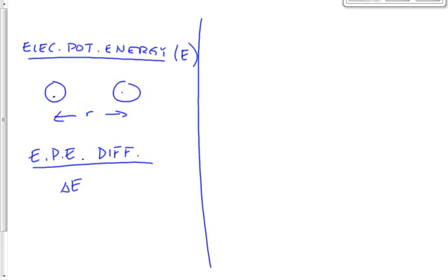Work, good. So we're going to say not only is electric potential energy difference delta E, but we're going to say it's equal to W as well, which stands for work. W is also equal to what, though, besides delta E? Michael? Good. F times delta D. That's a physics 20 thing, really, right?